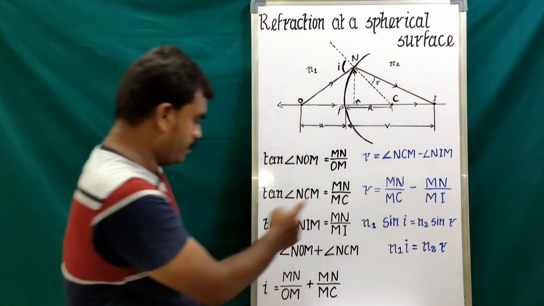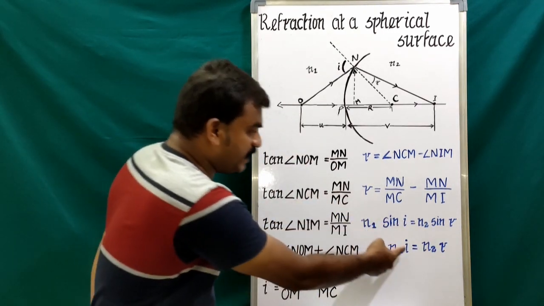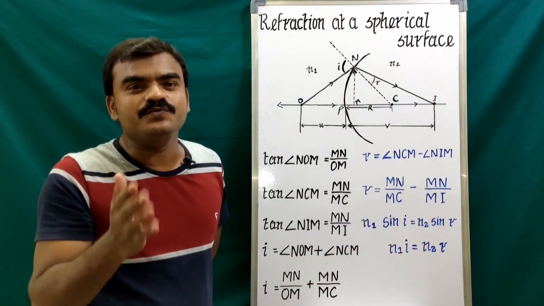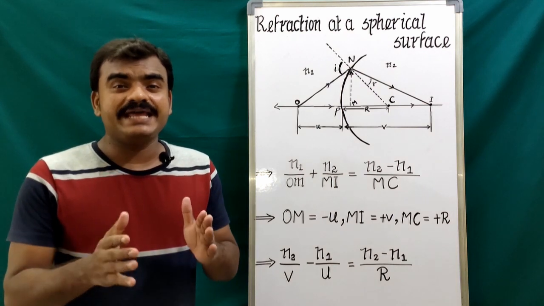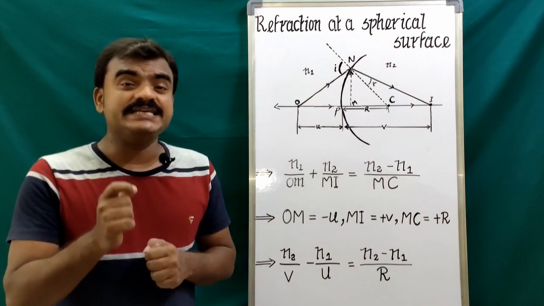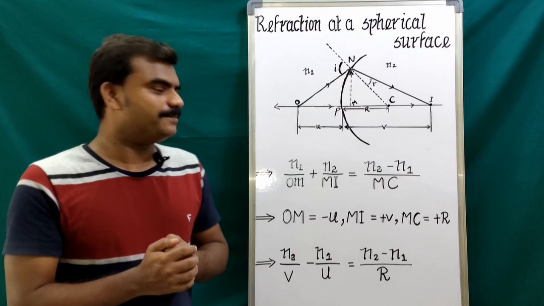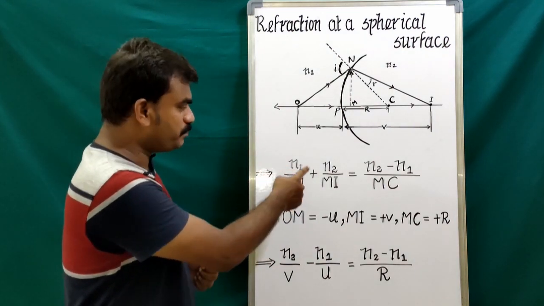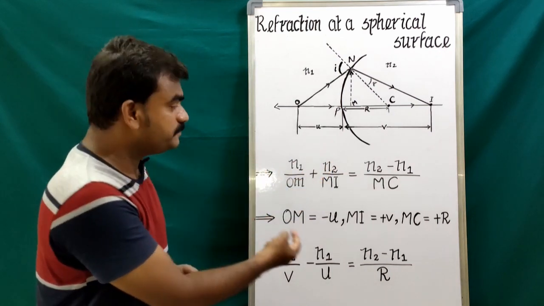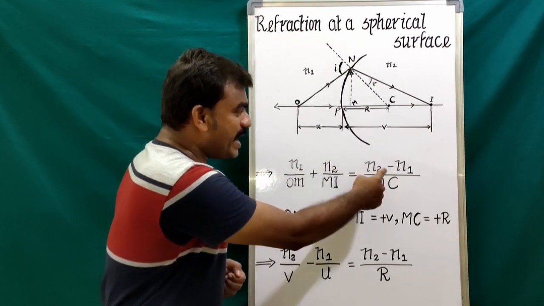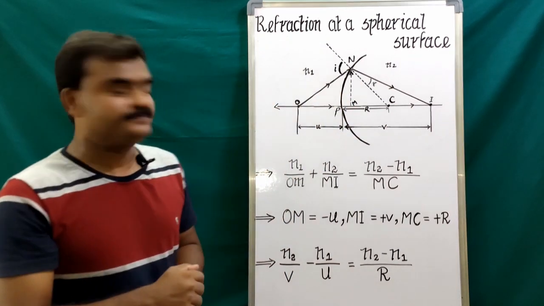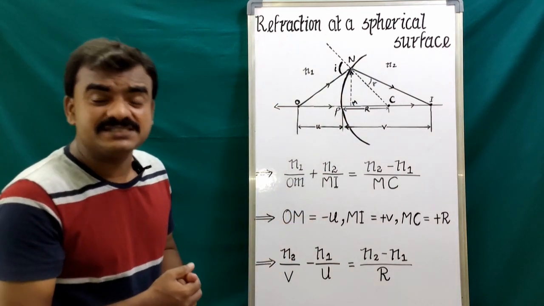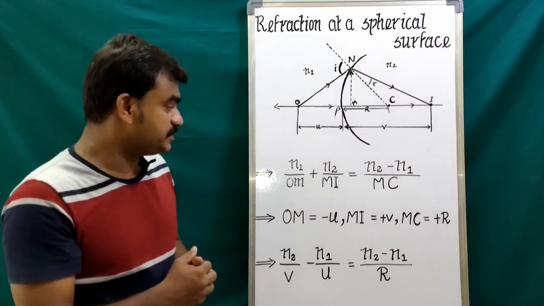In this equation, we have to substitute the i value and r value. We will obtain the relationship between u, v, R. If we apply the i value and r value in the modified Snell's law, we will get N1 by OM plus N2 by MI is equal to N2 minus N1 by MC. Instead of OM, we can write minus u. Why minus u? According to the sign convention.